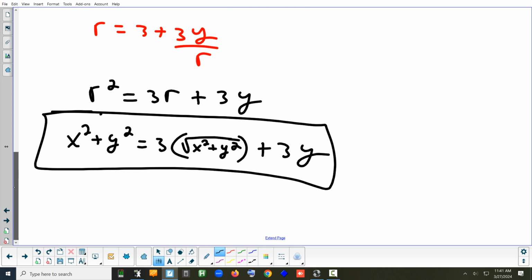By subtracting the 3y to the other side, and subtracting the x squared plus y squared to the other side, you'd have negative 3y alone, and then you could divide by negative 3. You could, and you'd get y equals, but you'd still have y on both sides. You'd have y on the left, and you'd have a bunch of y's on the right. Yeah, that's about what we can do with that.